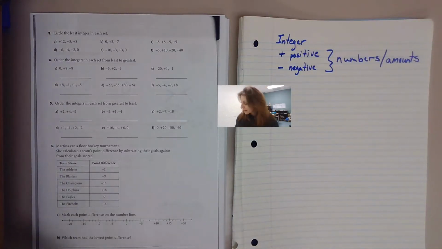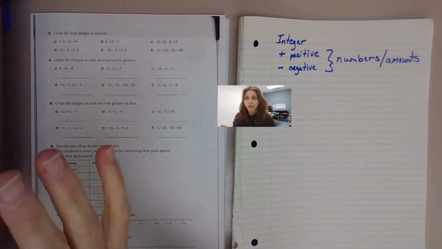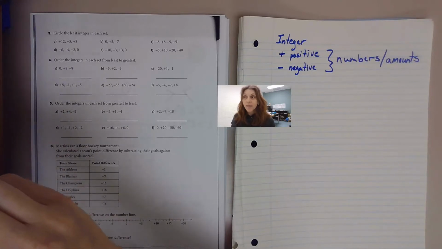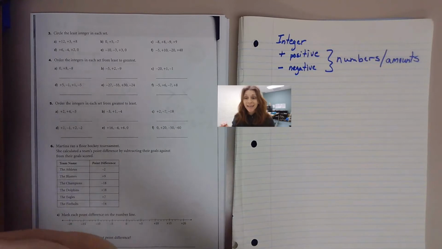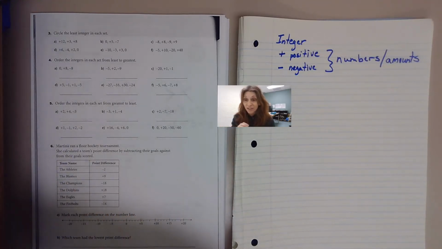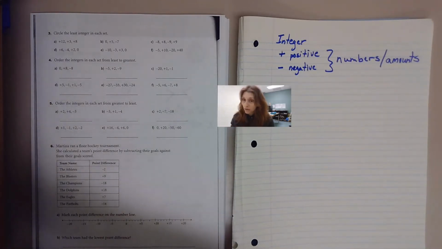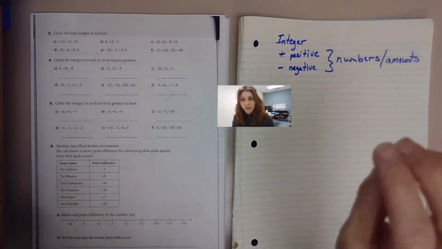Okay guys, back to lesson 2 on integers, comparing and ordering integers, ensuring that you're able to understand that the larger a negative integer, the smaller it actually is. So negative 10 is smaller than negative 3, okay?